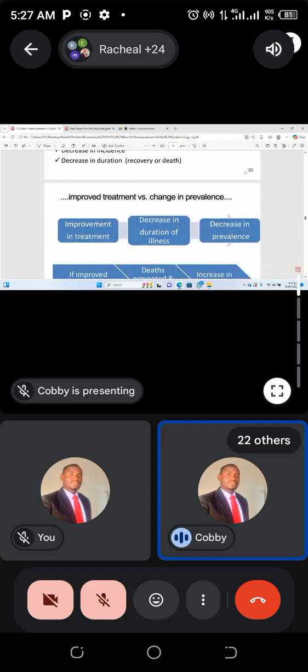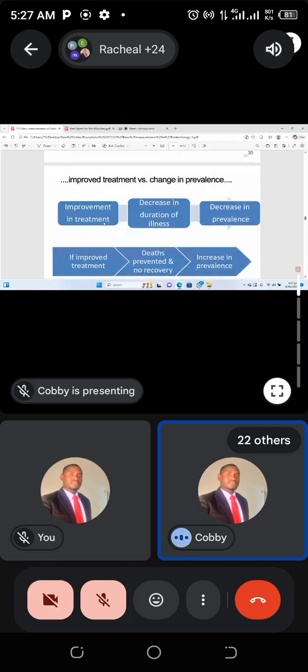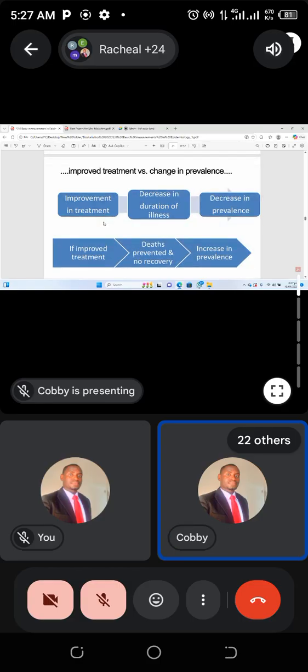So when we improve treatment, we look at improved treatment versus change in prevalence. If we improve treatment, what happens to the prevalence? We are going to have a decrease in duration of illness.